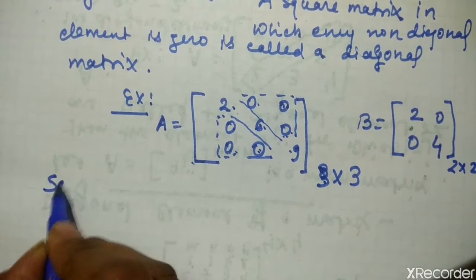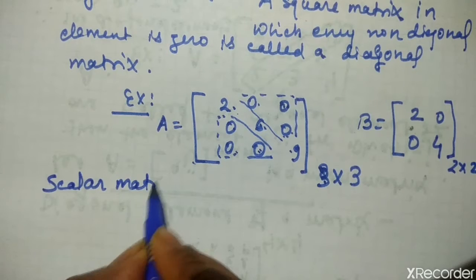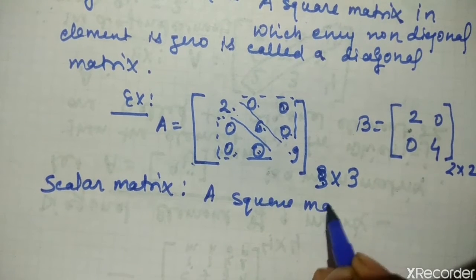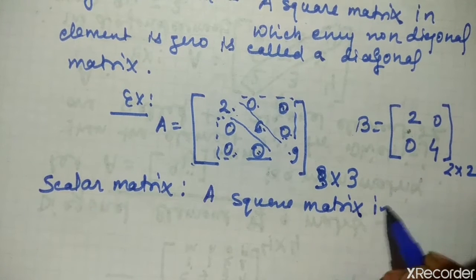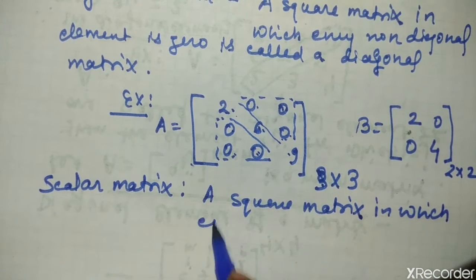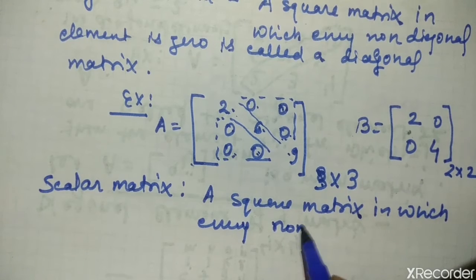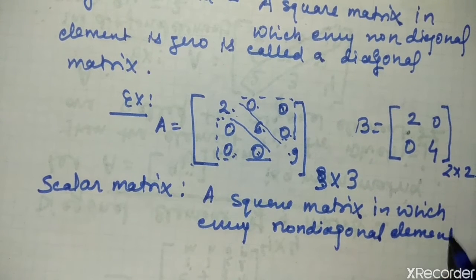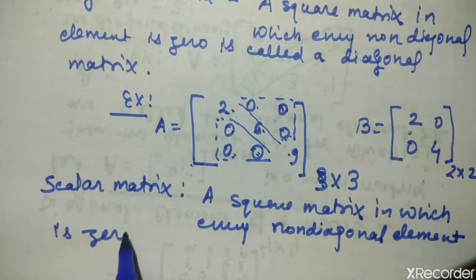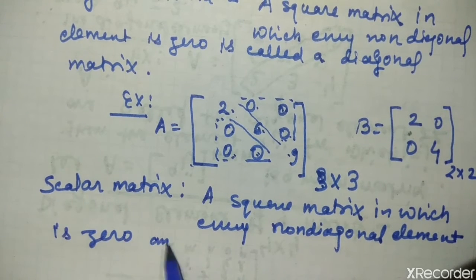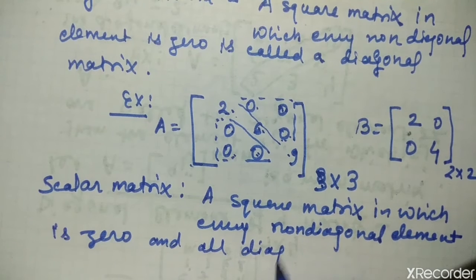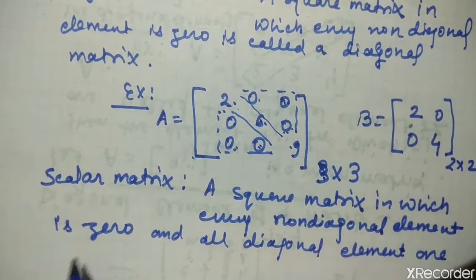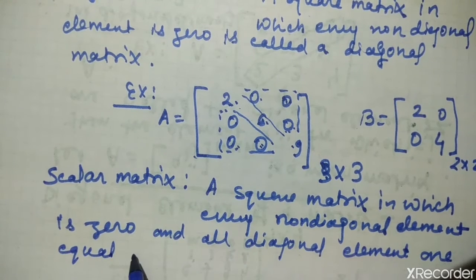Next one is a scalar matrix. A scalar matrix is a square matrix in which every non-diagonal element is 0 and all diagonal elements are equal.